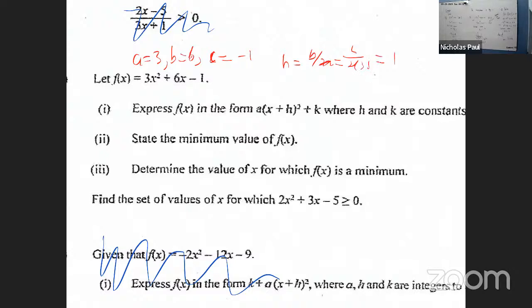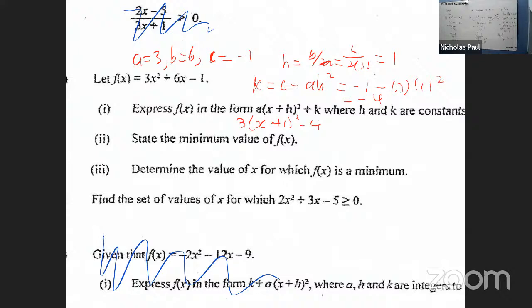So we'll pick that up as H, right? And K is C minus A H squared. C is -1, A is 3 by 1 squared. I got -4. Yep. So the answer is 3 by x plus 1 squared minus 4.